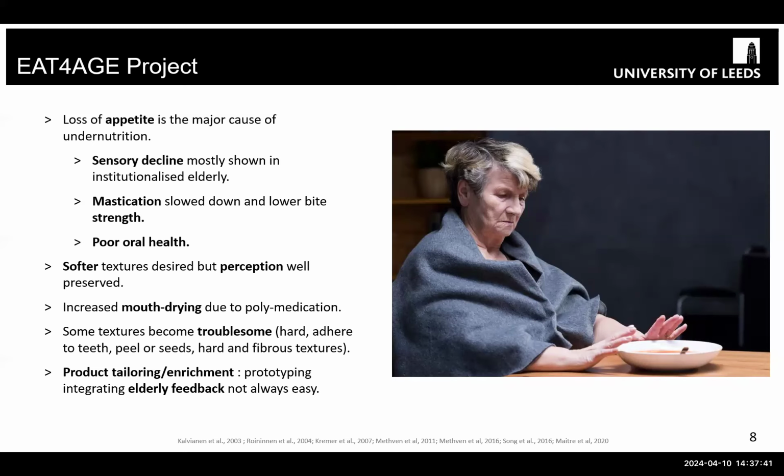So the idea of designing food for vulnerable populations is that the texture can be modified to enhance oral comfort, hopefully increasing food intake in older adults, which we know is important for quality of life, life expectancy, and overall life enjoyment as well.